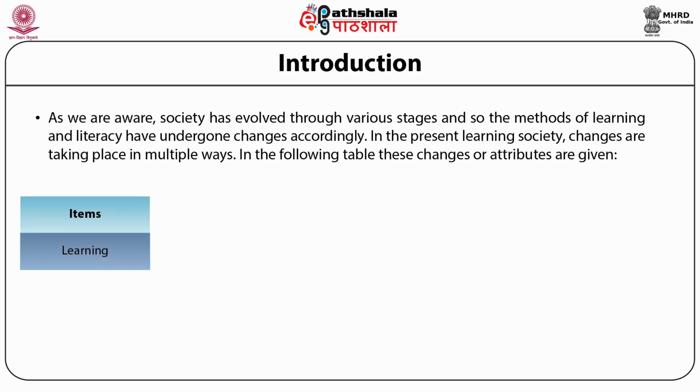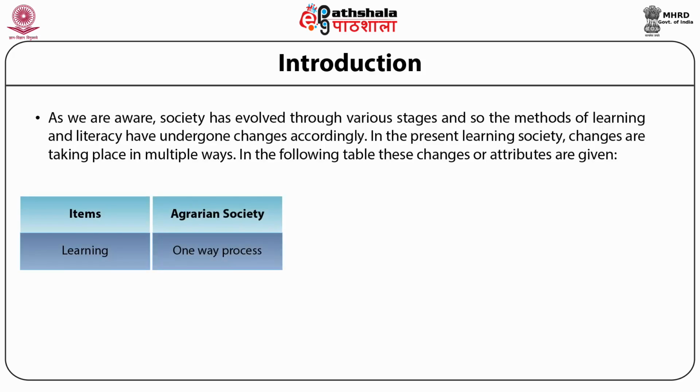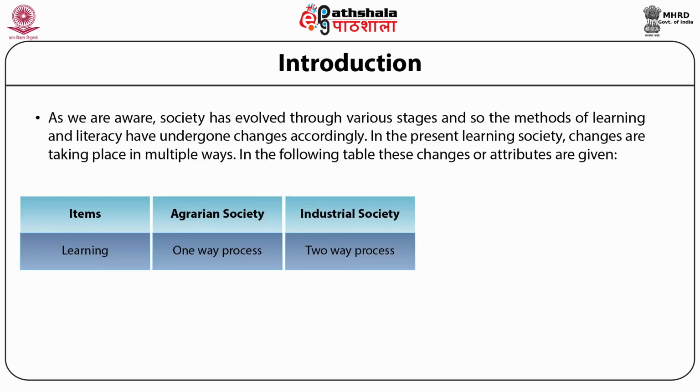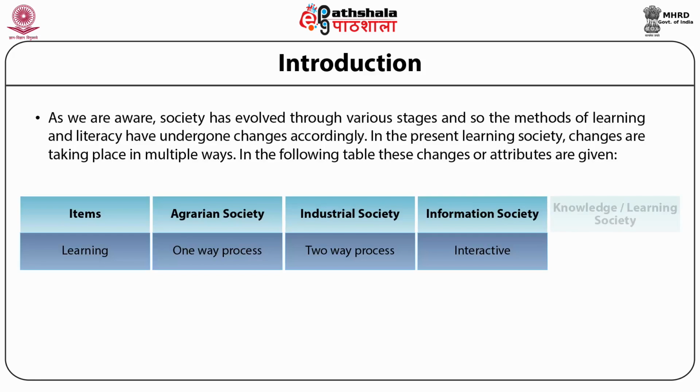Learning: in agrarian society, it was a one-way process. In industrial society, it was a two-way process. In information society, it was interactive, and in knowledge learning society, it is now more interactive.